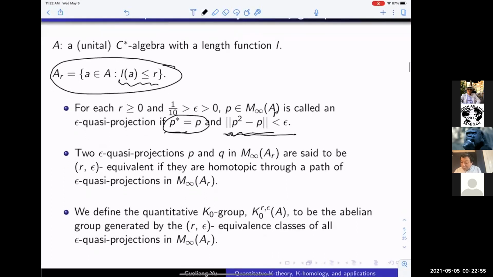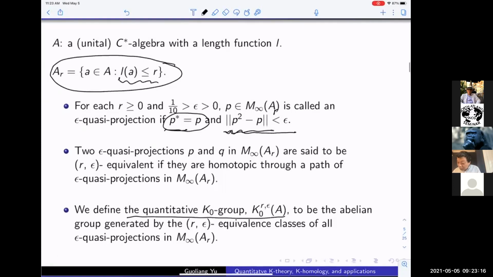Now everything else, you can define a K group in this way, just using this kind of element. At first glance, it's not much of an idea. So why are we interested in doing this?